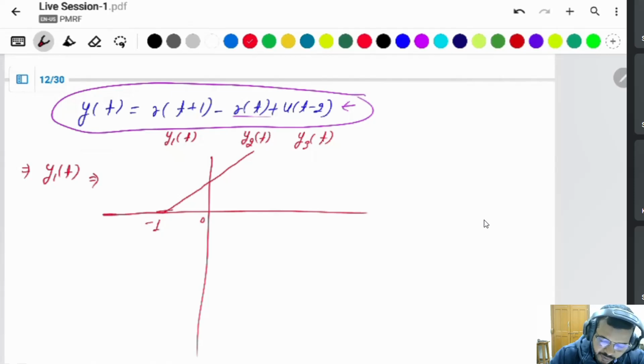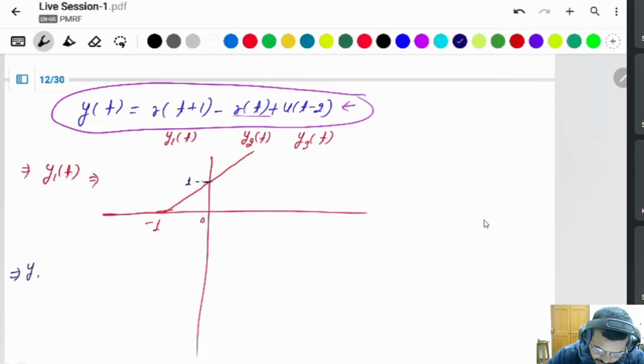This is 0. Then what is the value here? The straight line at a slope of 1, starting from minus 1 to 0, this value is also 1 only, because the slope is 1. There is a 1 slope. If some multiplication there is 5, then it means the slope is 5.